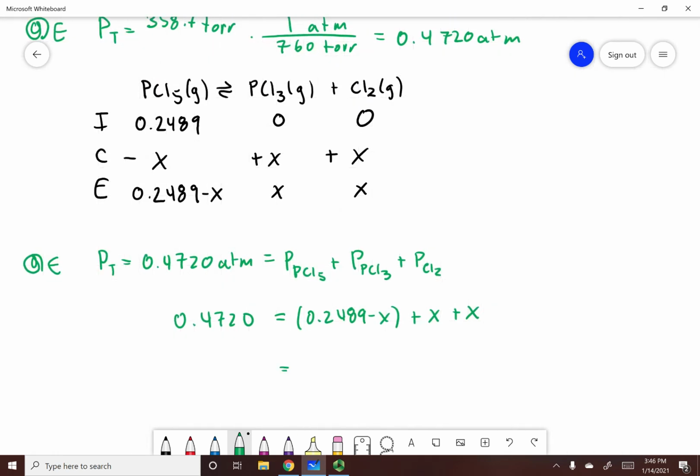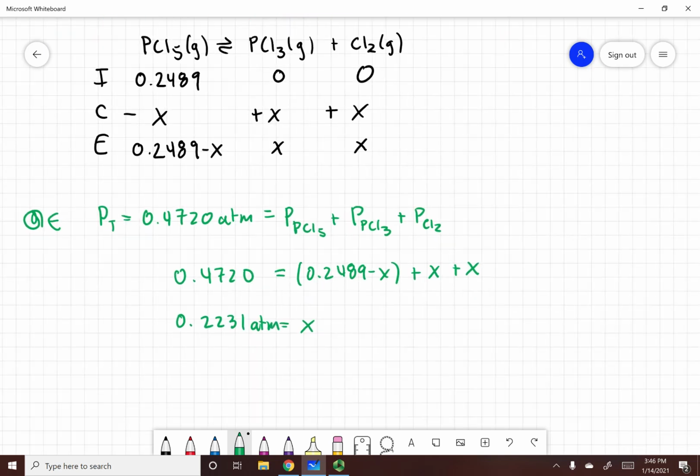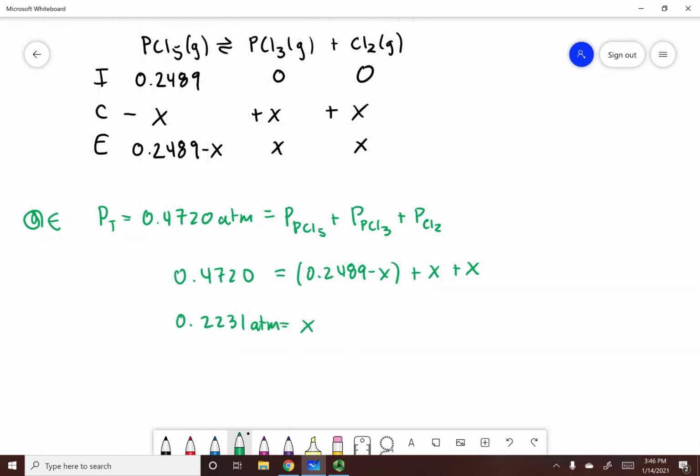So I can solve for X, and in this case, X is going to be 0.2231 atm. Now I can rewrite my equilibrium pressures by plugging in X. Taking 0.2489 minus 0.2231, I come up with 0.0258 for the pressure of PCl5.